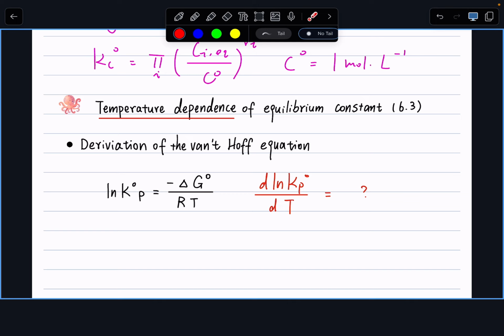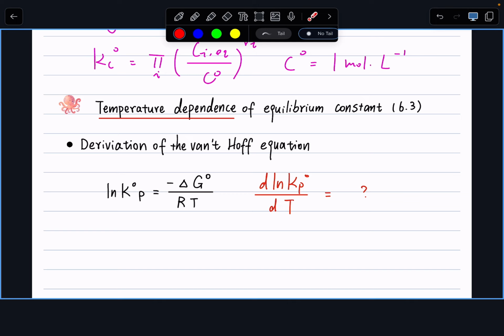Now we have somewhat more complicated relations. You have temperature in there, 1 over RT, and you have delta G naught, which might also be a function of temperature. So we want to focus on the right-hand side and see how we can further simplify that expression.